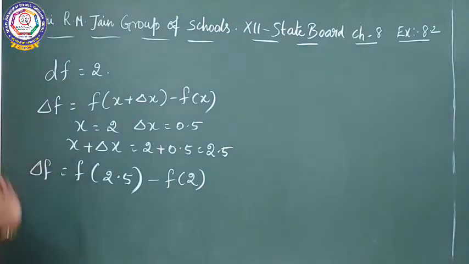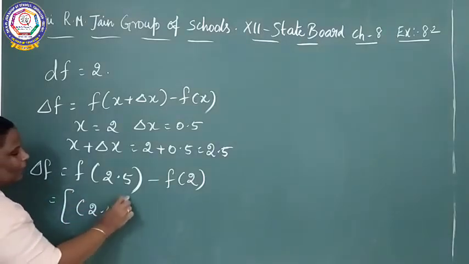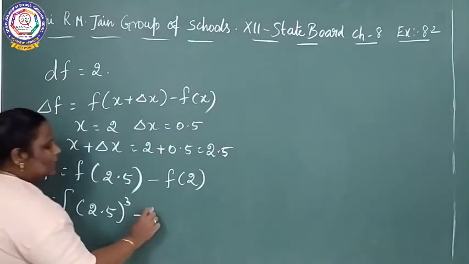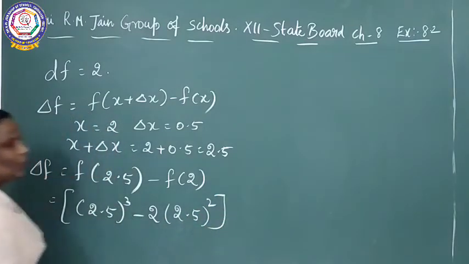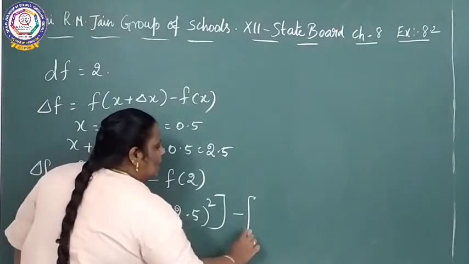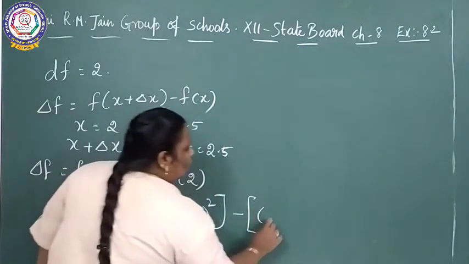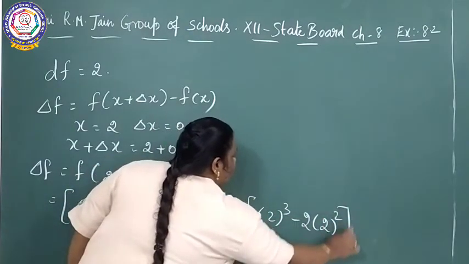You substitute in f. f of x is x cube minus 2x square. So f of 2.5 is 2.5 cube minus 2 into 2.5 square, minus f of 2, which is 2 cube minus 2 into 2 square.